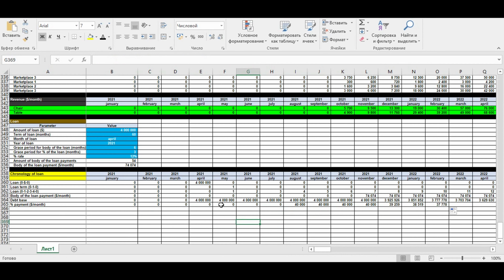So here we have the 3 months grace period, and here we started interest payments. Here we see payments where and when the debt base is stable. We started payments of the body of the loan, and the payments of interest started reducing.